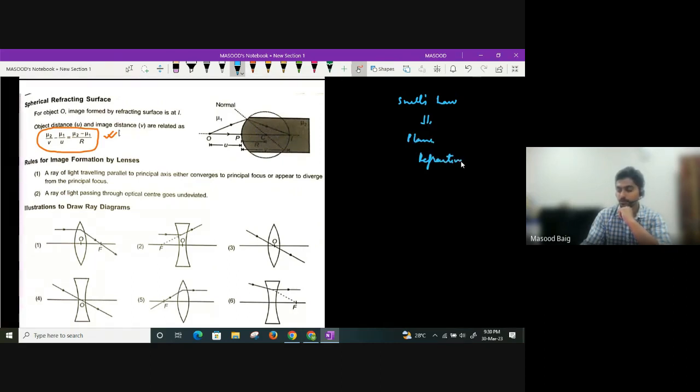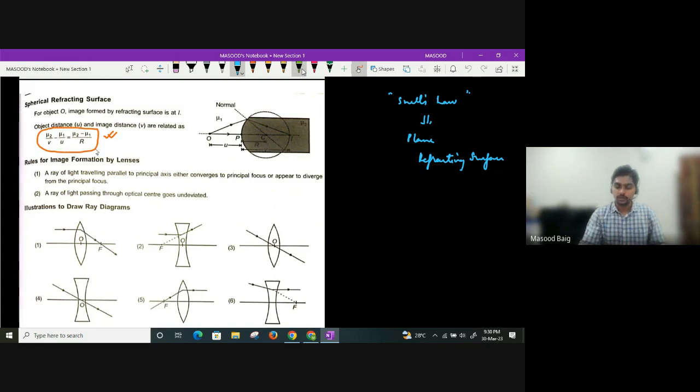It is that particular surface which separates two transparent media, guys. So directly you'll apply Snell's law for a plane refracting surface, whereas for curved refracting surfaces, I am going to apply a modified Snell's law. This formula I'm going to get by using Snell's law only. So it is an advanced Snell's law, we can say in some way, which is mu2 by V minus mu1 by U is (mu2 minus mu1) by R.